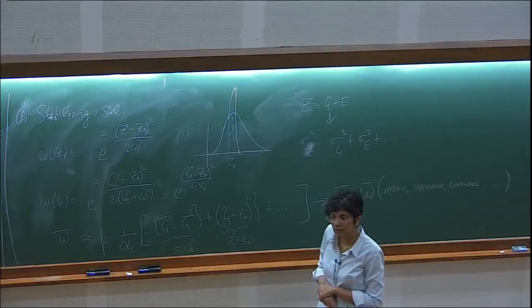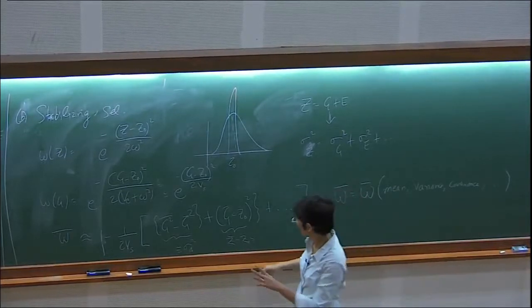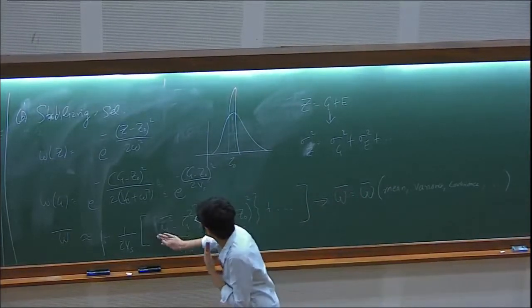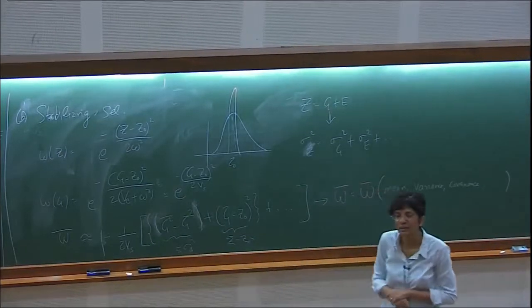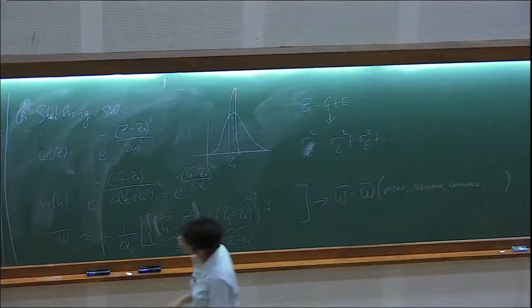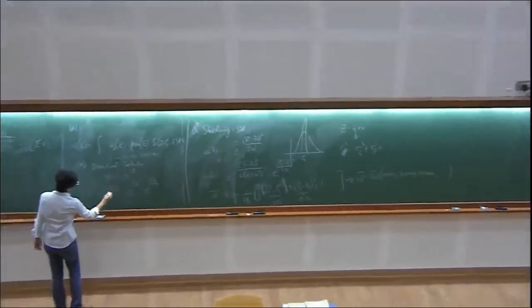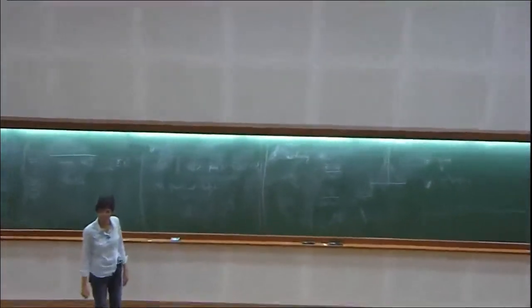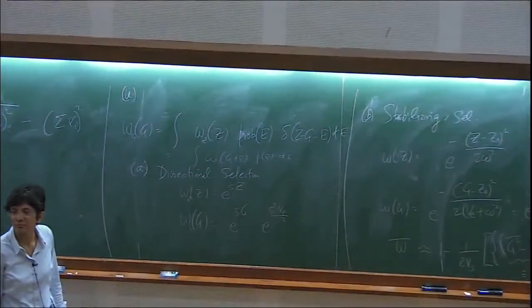Okay, I understand. W is the distribution of Z. And the second question is the probability of E. Means you are finding the probability of that particular environment.